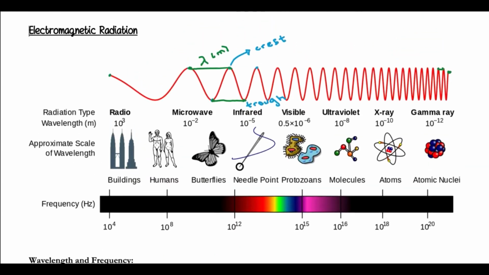So let's look at what that looks like. So if I give you a specific point here, what I'm saying is your frequency is how many times a crest is going to pass through that point in just 1 second.